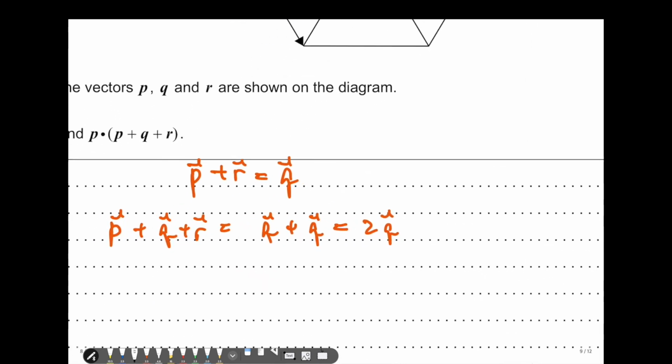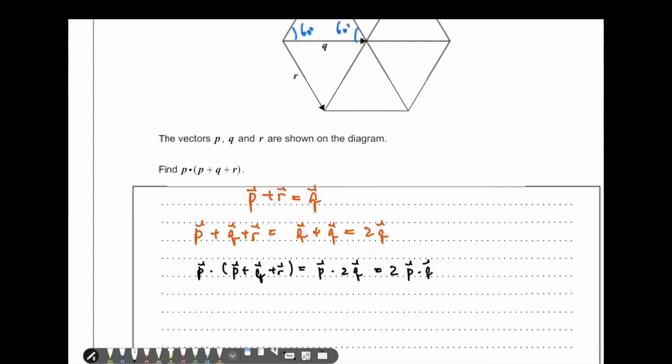And now we do the question. P dot (P plus Q plus R), that is equal to P dot 2Q, which is also equal to P dot Q times 2.